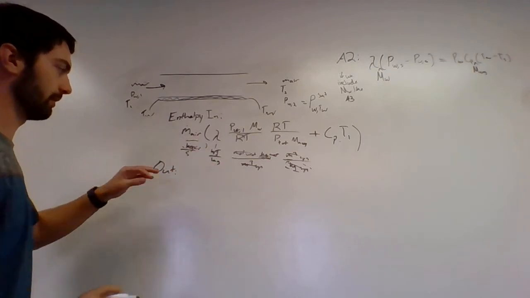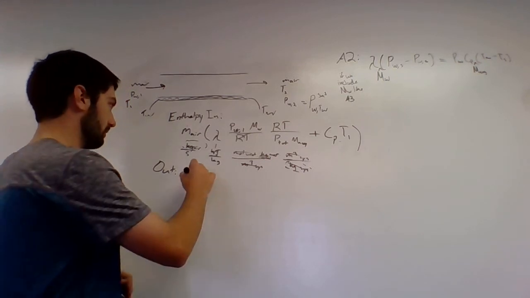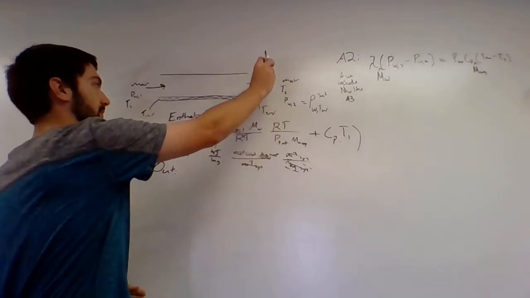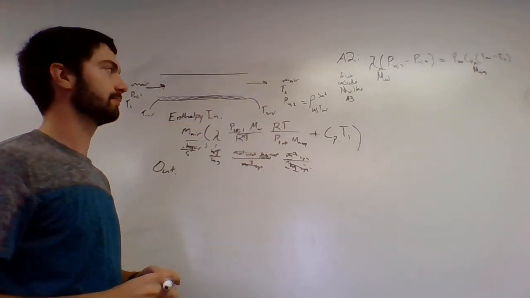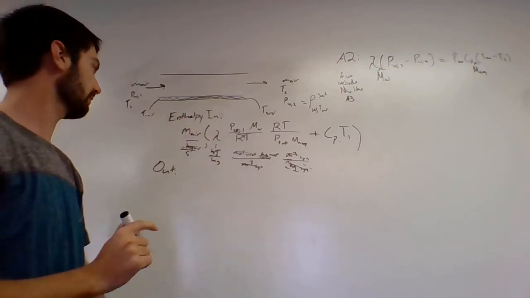So now we have our enthalpy in equation. We're going to make an out equation, which is going to be pretty much the same equation. We're just going to switch it with the variables for the air flowing out.